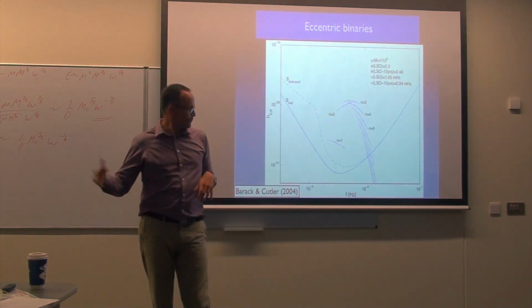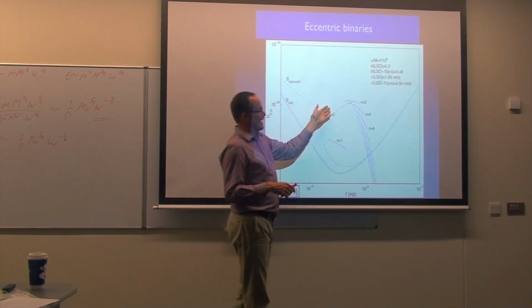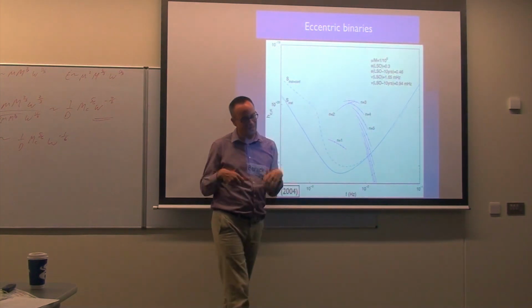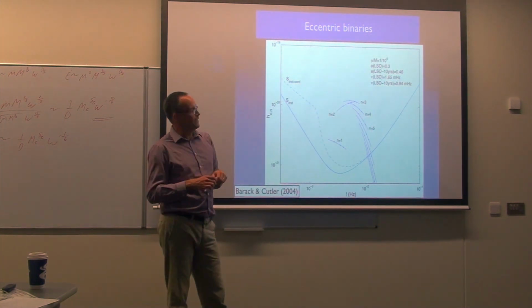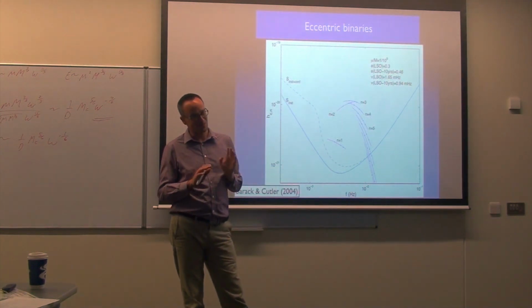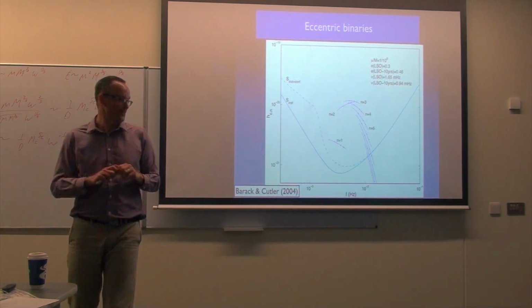But the contributions from the different harmonics are coming from different times. So if you add this all up, you'll get a slightly more complicated spectrum, which is what you need to get an SNR for an eccentric system. This is just a convenient way to represent things. So that notation I will correct before I give the slides.